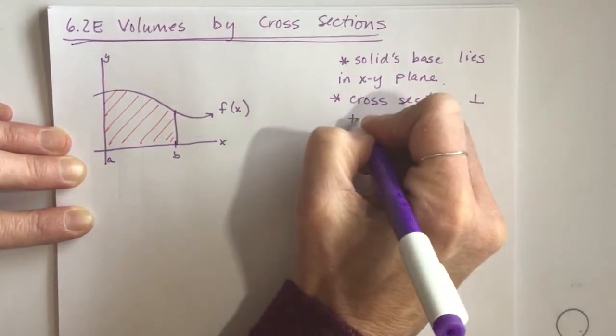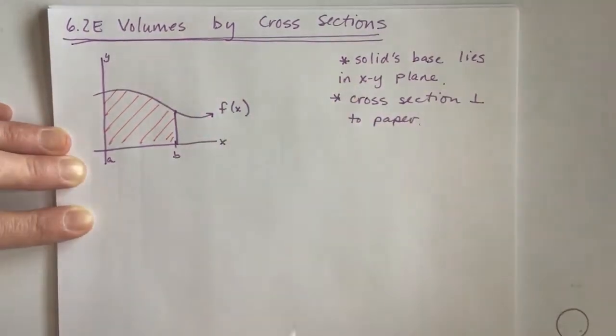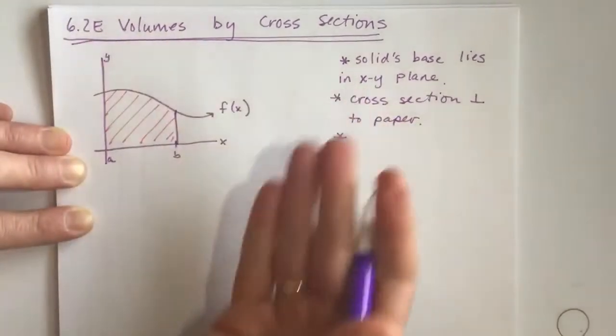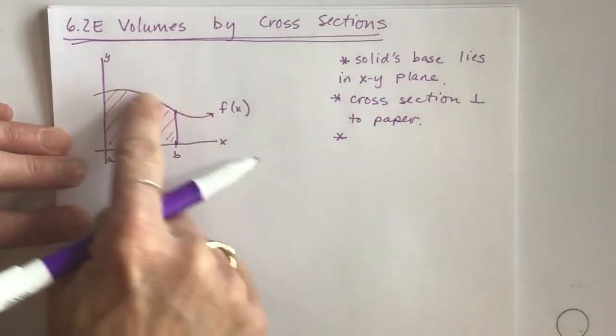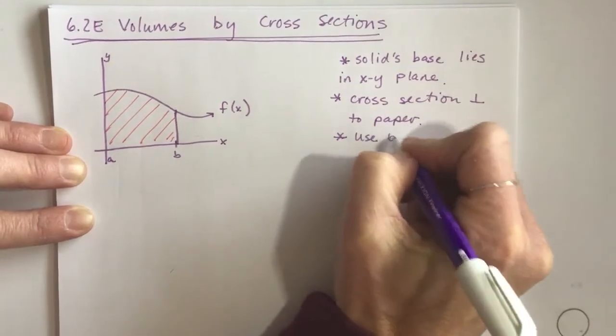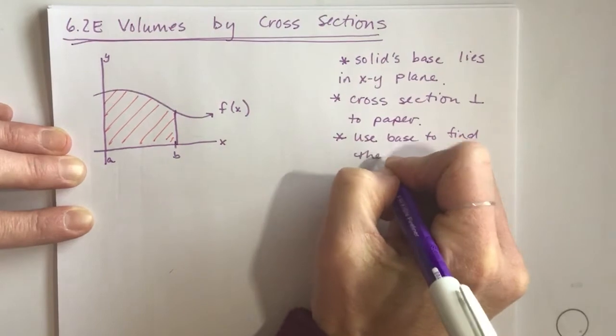And then finally, the last thing to keep in mind here, we're going to use the base dimension to find the volume of the solid.